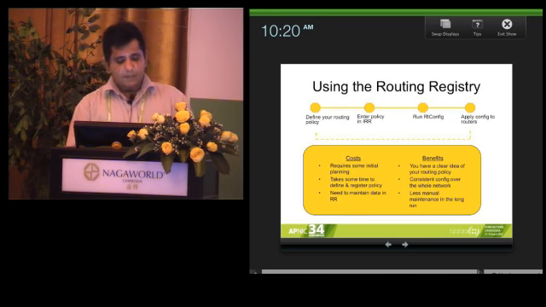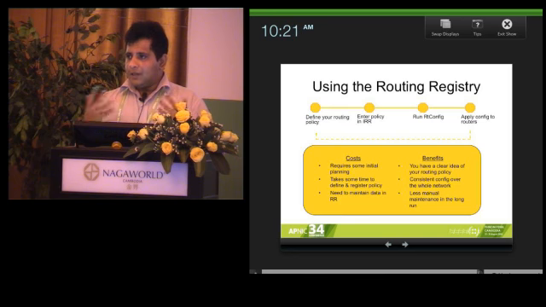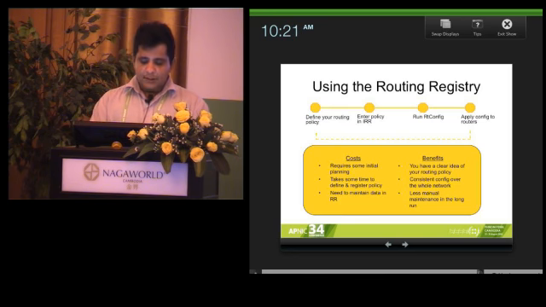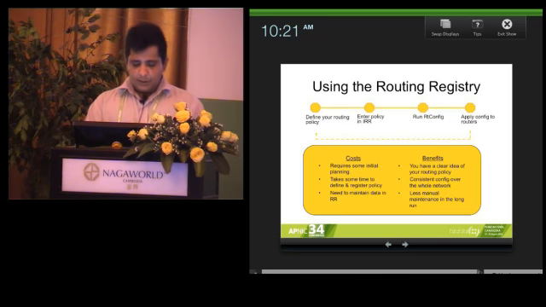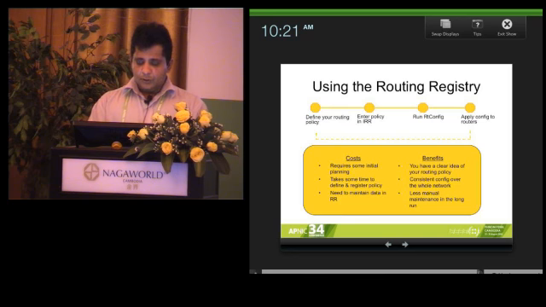Basically, the costs are, you need some initial planning first of all, because you have to write down all your policies, make sure you understand RPSL, make sure you can define all your routing policies and so on. So this takes some time and some resources as well. But then of course you need to maintain this as well, so that also can be considered a cost in terms of human resources and so on.